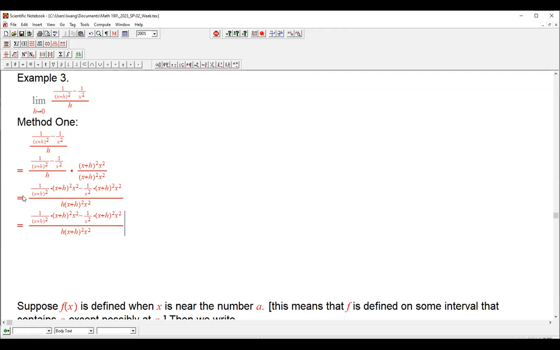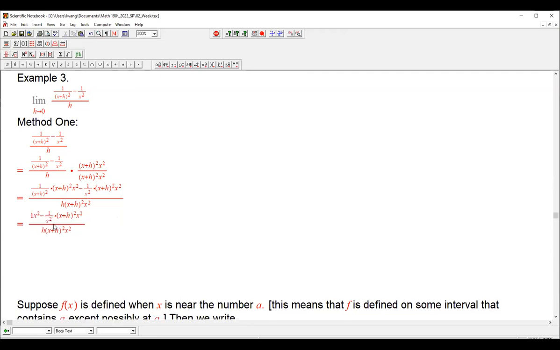You really don't have to show this step, but you may like to do it on scratch paper. (x plus h) squared, and here you have (x plus h) squared, so these two make 1, and this 1 you can omit. Over here, 1 over x squared, take away the x squared. So this is reduced.